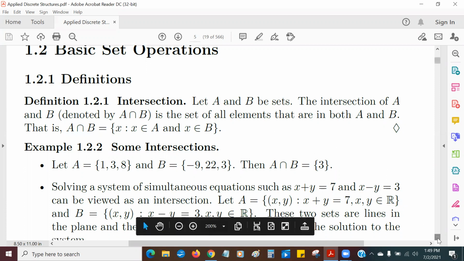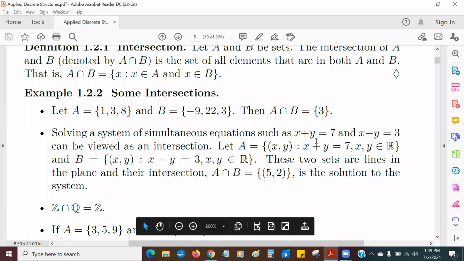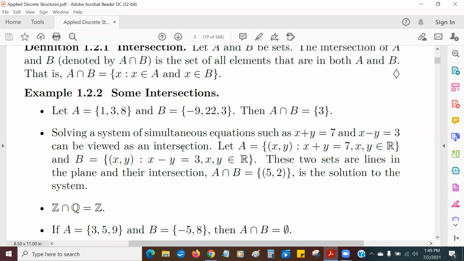And let's say we look at the system of simultaneous equations such that x plus y equals 7 and x minus y equals 3. Well, this can be viewed as an intersection, because if A is all the x, y such that x plus y equals 7, there are many of them, like 1, 6, -2, 9, and so on and so forth, with x and y real numbers.